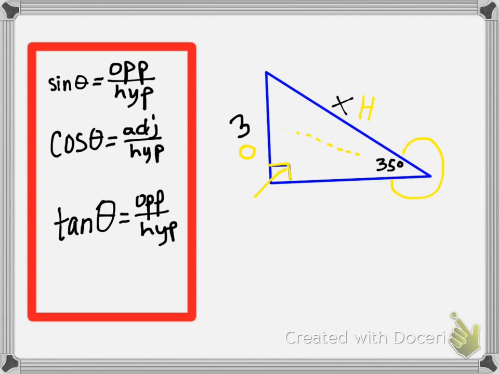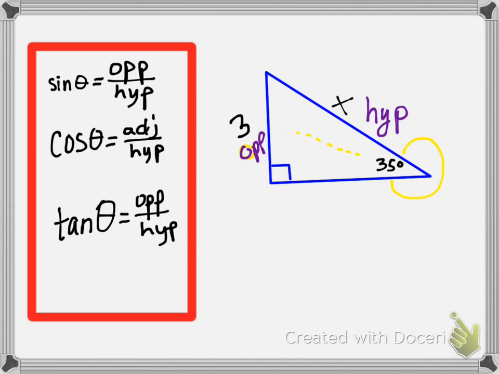Now once you have established or labeled it, again, this is your hypotenuse, this is your opposite side, you can select one of the three trig ratios. And this only works, of course, with right triangles.